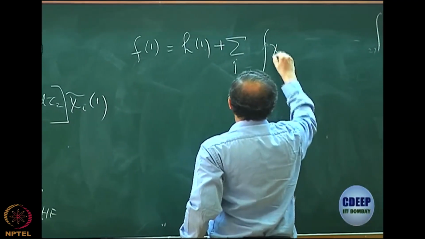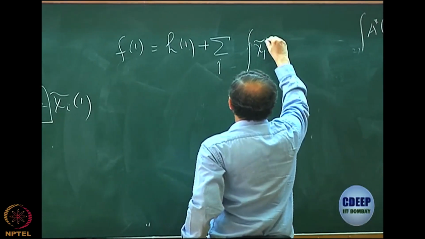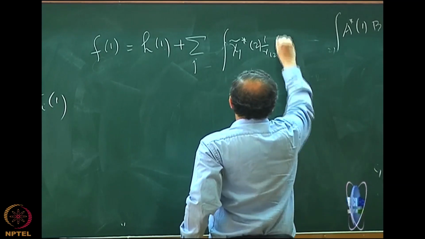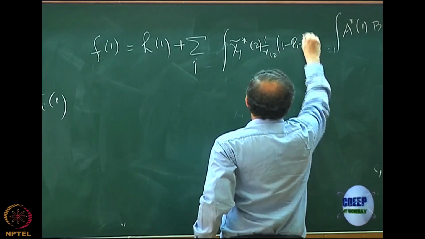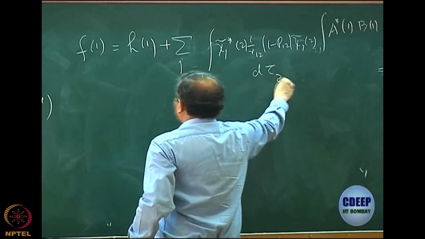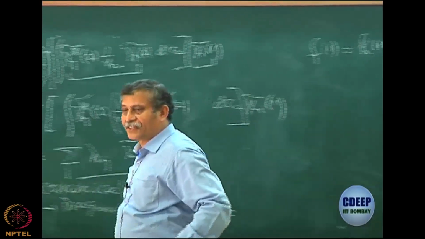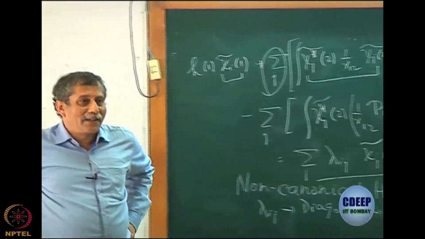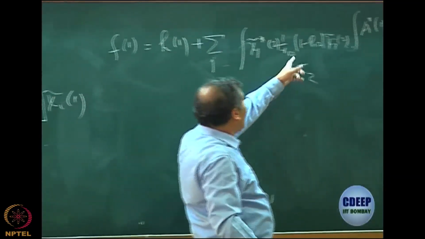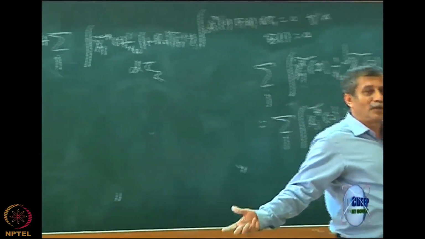Chi j star 2, of course, this has to be integrated, 1 by R12, 1 minus P12, chi j tilde 2. I am going to do even more simplification. I don't want to write the Coulomb and the exchange separately. I just achieve this: 1 by R12, 1 minus P12. 1 gives me the Coulomb, P12 gives me the exchange. No problem.